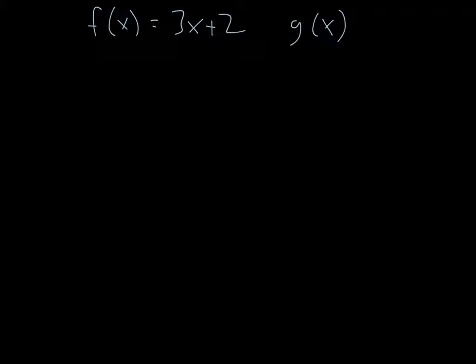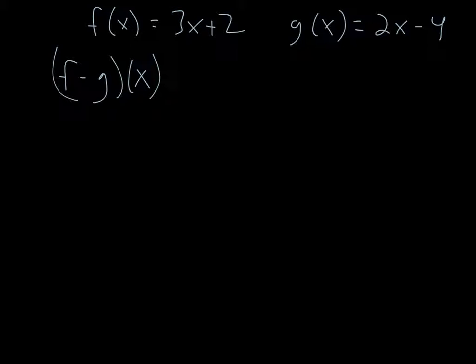Let's take a look at that same set of rules. So f of x we said was 3x plus 2, and g of x was 2x minus 4. Let's take a look at f minus g of x and state any domain restrictions.